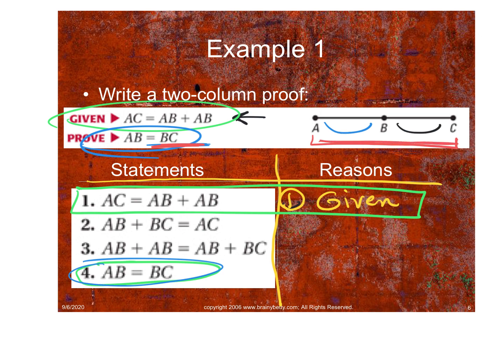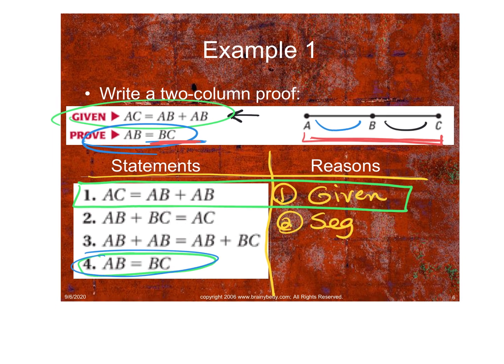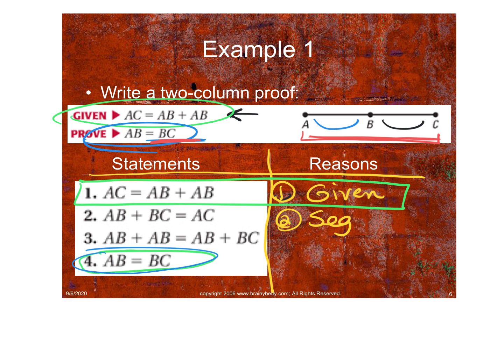If you remember back from chapter 1, we learned that when you take two little pieces and add them together to make one larger segment, this is called our segment addition postulate. This is going to be the postulate that justifies what we did in statement number 2.